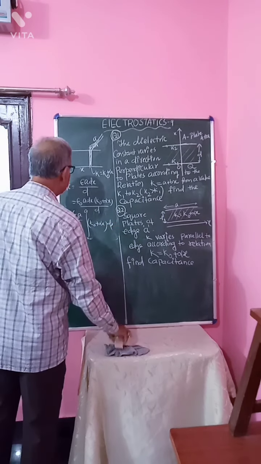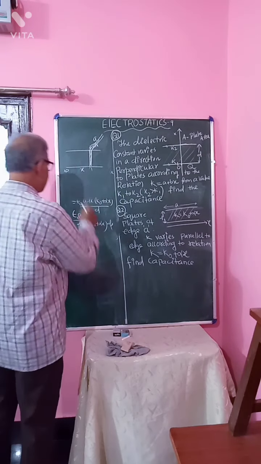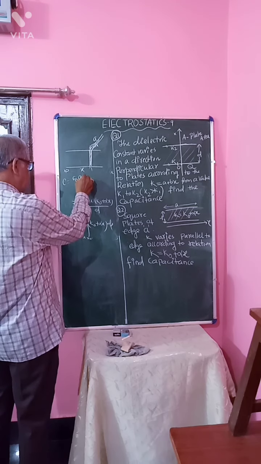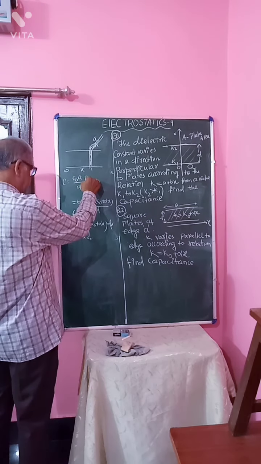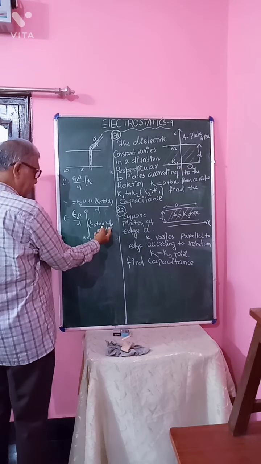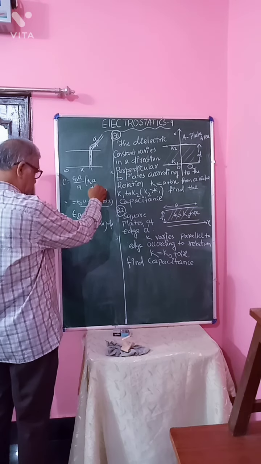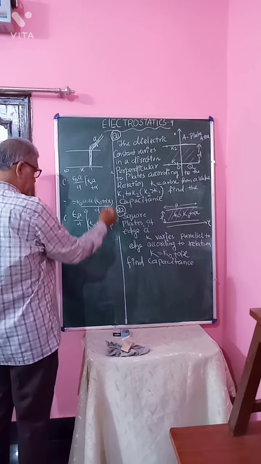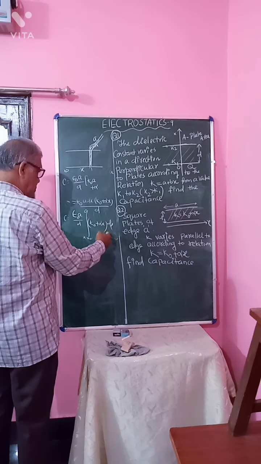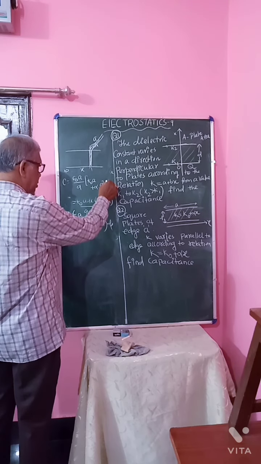The first term gives K0 times x from 0 to A, and for alpha x dx the integration gives x square by 2, which on putting the limits is A square by 2.